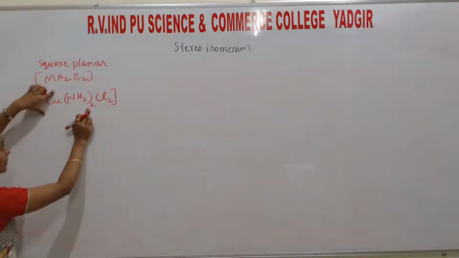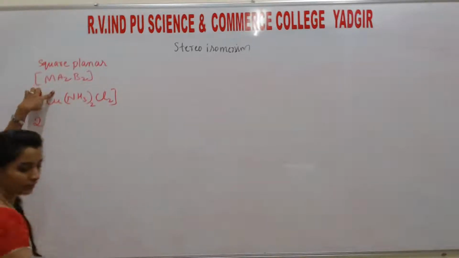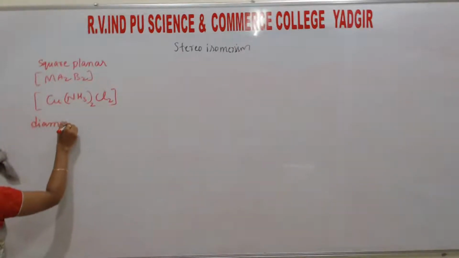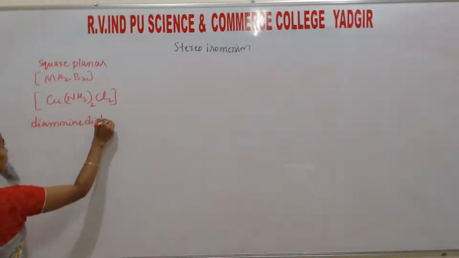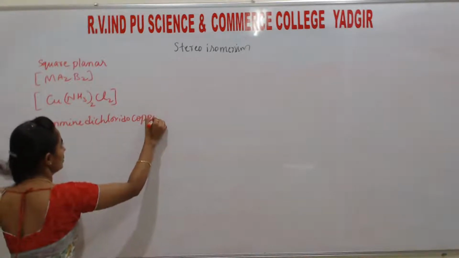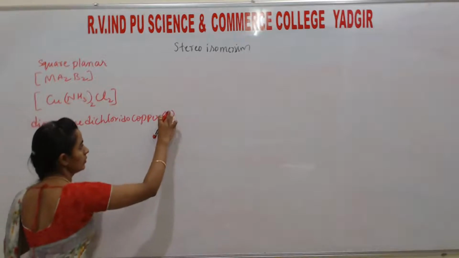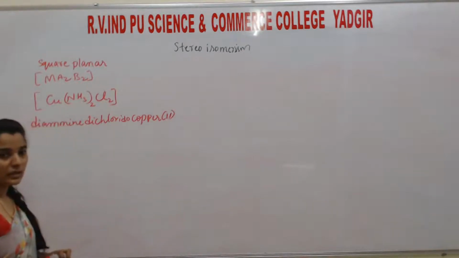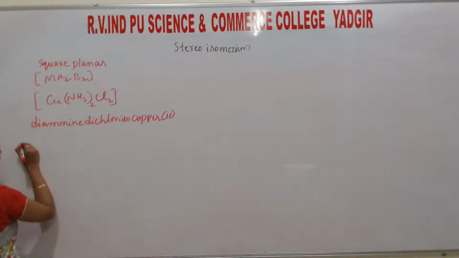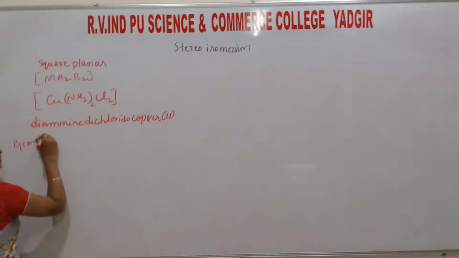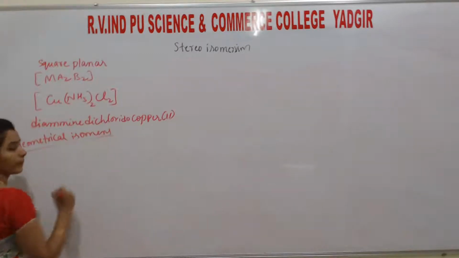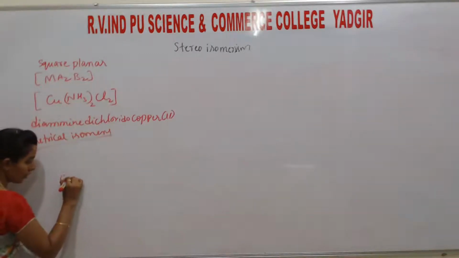You know the nomenclature. That is diamminedichloridocopper(II). This is the name of the compound. So if we write the structural formula or geometrical isomers for that. Okay, this is a covalent structure.